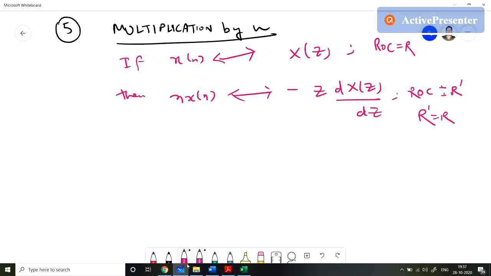So the differentiation, multiplication by n, will not change the ROC; it will remain the same.